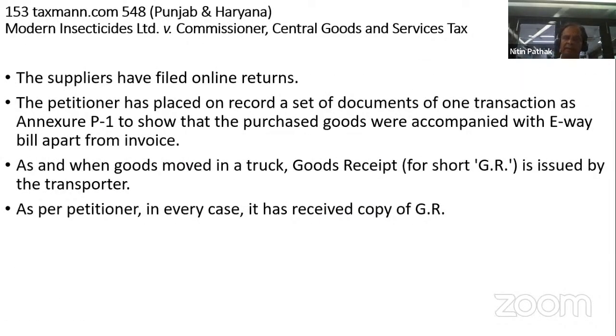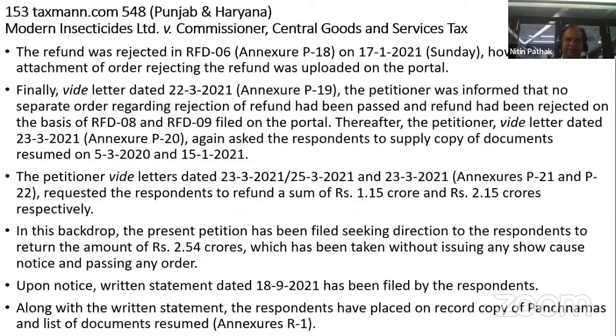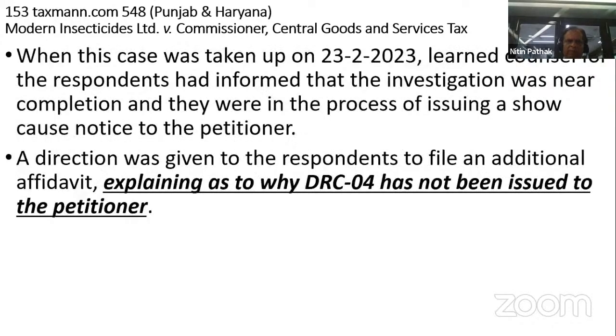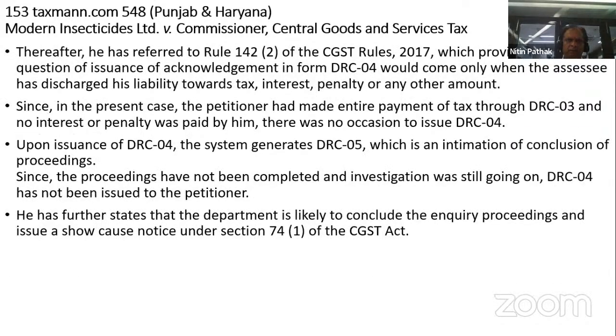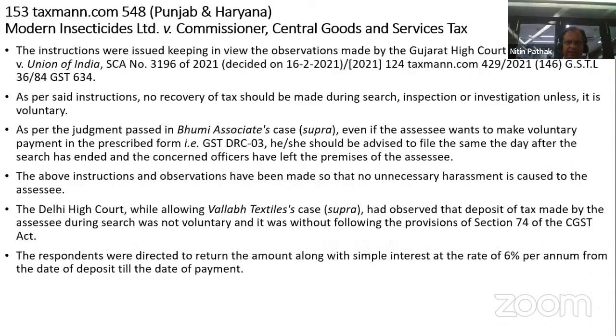From the date the ITC was reversed, 6% interest is payable by the department. This is called the Modern Insecticide case. It is a huge judgment, which you can download from the 153textmen.com website.